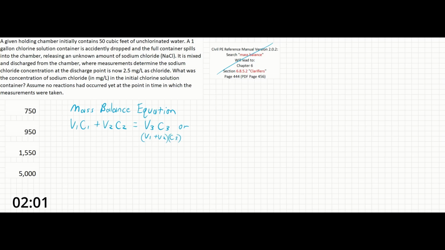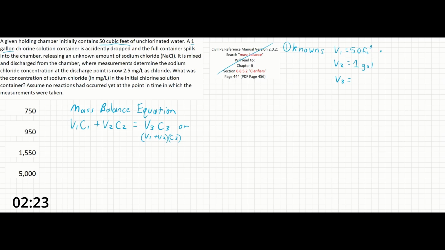So let's write out our knowns for the problem as we've been given. First we can see that volume 1 is 50 cubic feet. And volume 2 is going to be 1 gallon. Volume 3, we will have to sum those two together once we get them in the same units.